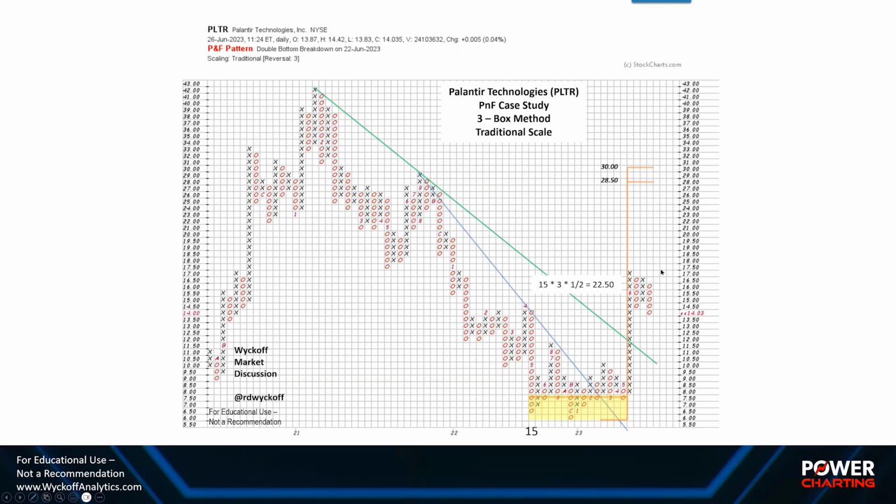I would expect a reaccumulation in here to consolidate and then be able to turn up from this area, and then we will see whether reaccumulation is showing good support, good demand for a run up to this level, and give us a count to that level also. Keep in mind also that this could be a bigger count.